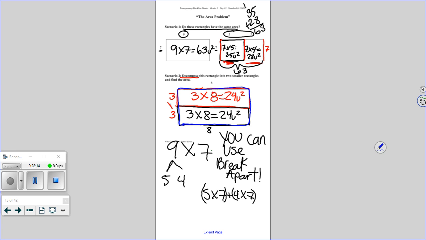So my first mini section was 24. My other mini section was 24. I'm going to add those mini areas together to give me a total area. Gia, what is my total area? 48. 48 units squared, or square units. Okay?